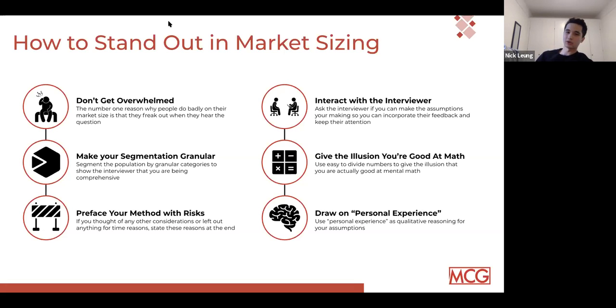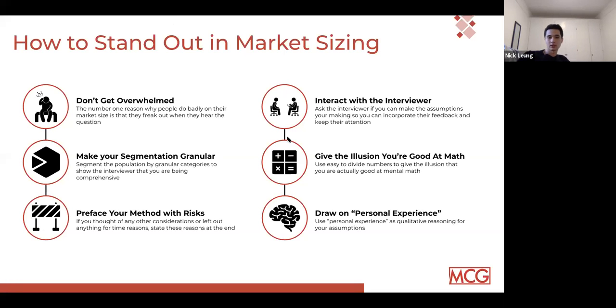Make it easier on yourself. Use easy percentages, use easy population numbers. This will make sure you're able to seamlessly get through the math and give the perception that you're good at doing the math.